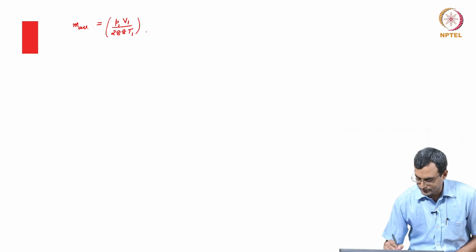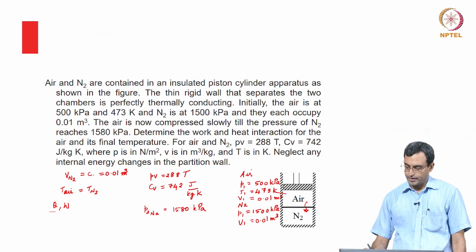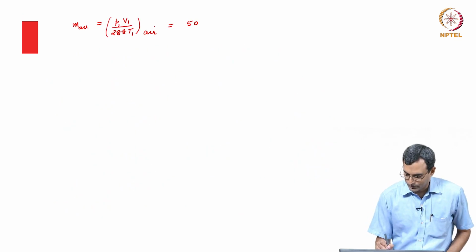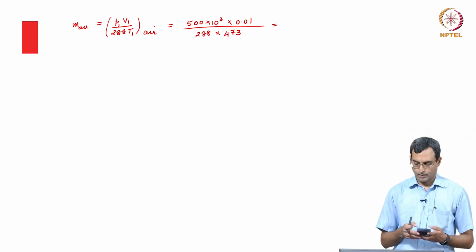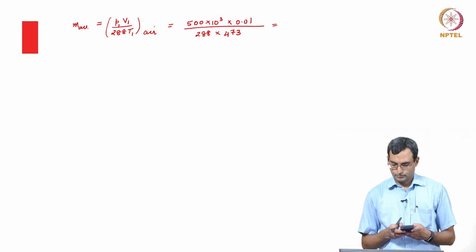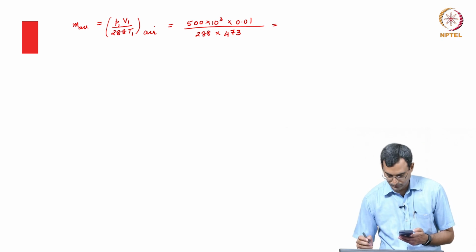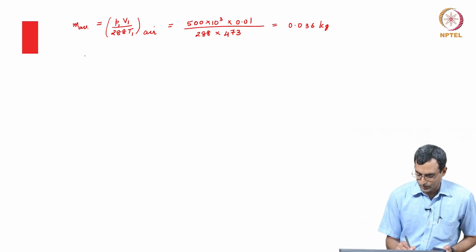All of these are for air. The initial pressure of air is 500 kilopascal, so it is 5 into 10 to the power 3 Pascal, volume is 0.01. This is 288 and the temperature is 473. Which gives me a value of 0.036 kg, and what I want is delta U for air.